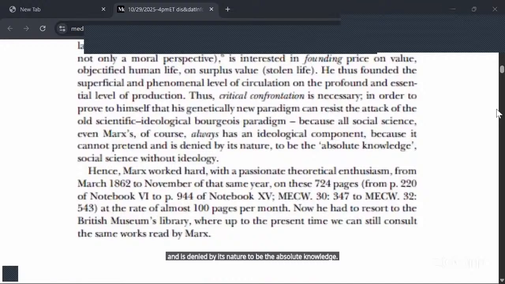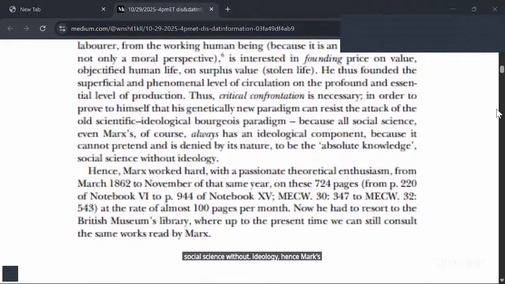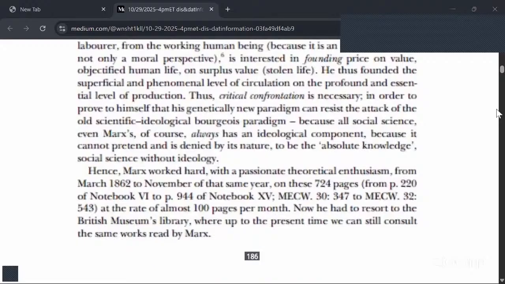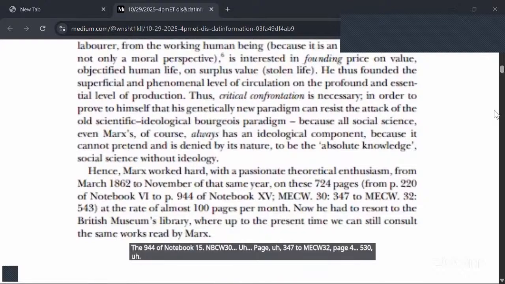social science without ideology. Hence, Marx worked hard with a passionate theoretical enthusiasm from March 1862 to November of the same year on these 724 pages, from page 220 of Notebook 6 to 944 of Notebook 15, MECW 30, page 347 to MECW 32, page 543, at the rate of almost 100 pages per month.